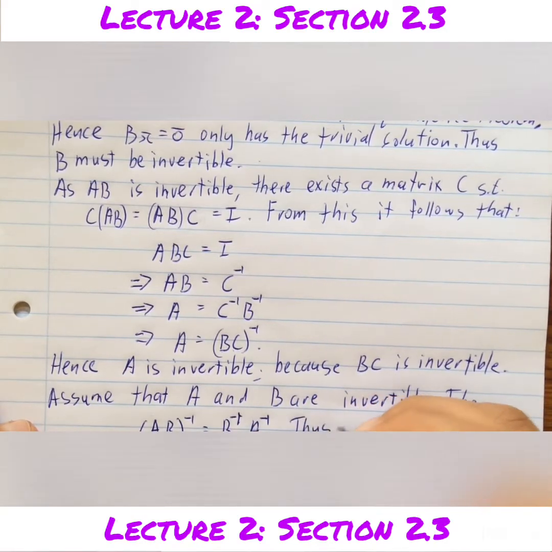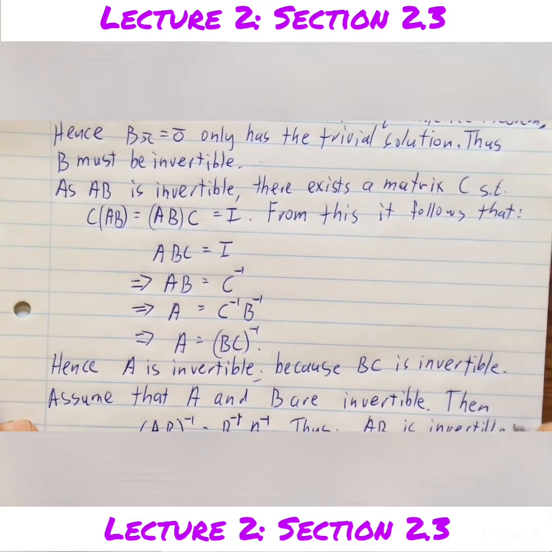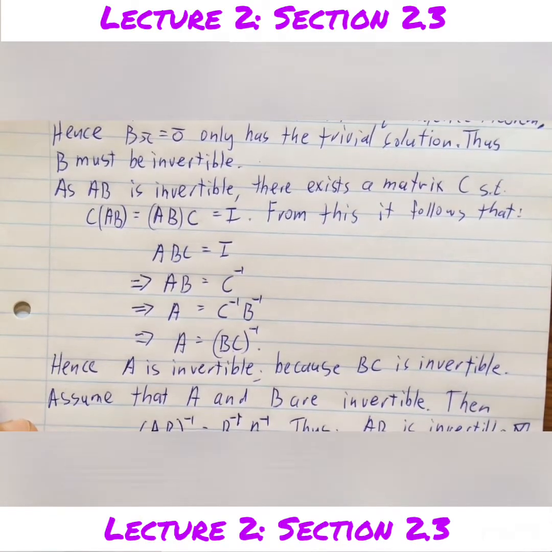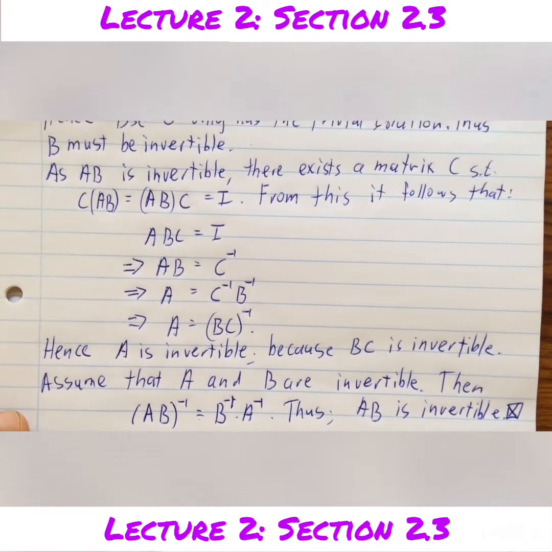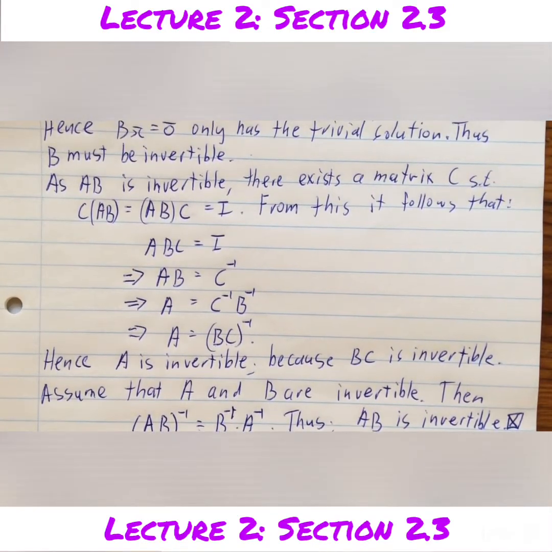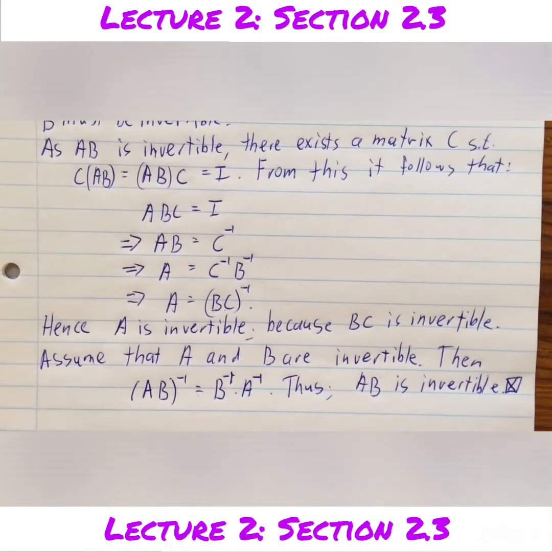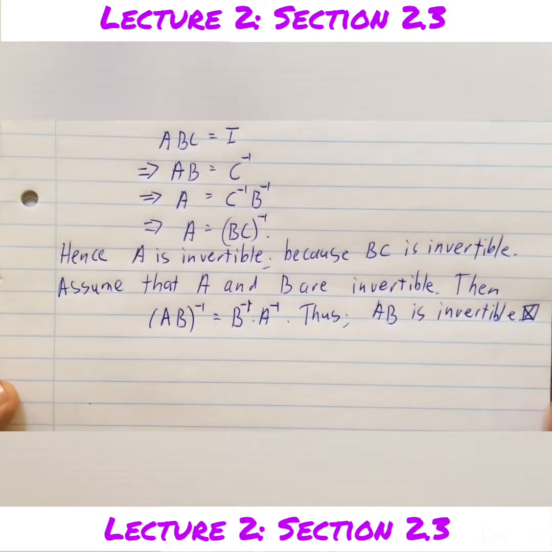Thus, A times B is invertible. So therefore if the product of two matrices is invertible, then both the matrices in the product will be invertible. So now we move on to the next theorem, which tells us the following.